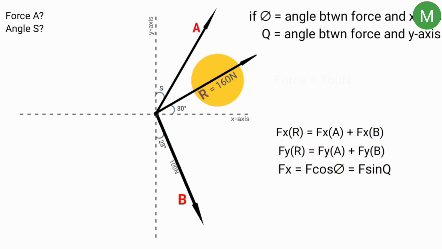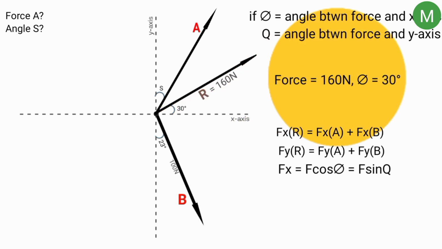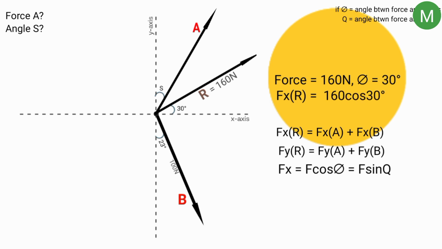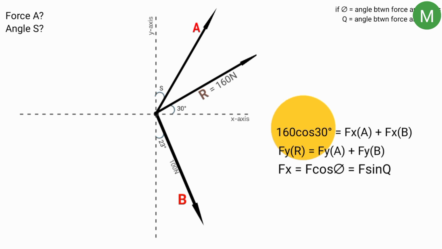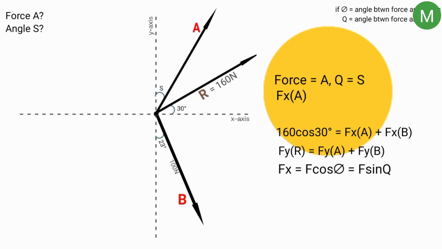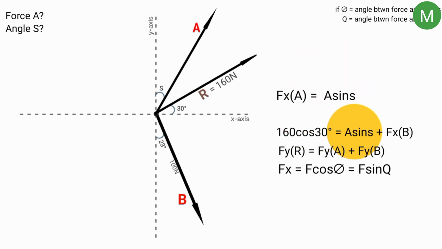So coming back to the resultant, 30 degrees is the angle the resultant makes with the x-axis. So the x component of the resultant is 160 cos 30 degrees. So we can substitute here. Coming here to force A, angle S is the angle force A makes with the y-axis, and hence the x component of force A is A sine S. Substitute it here.